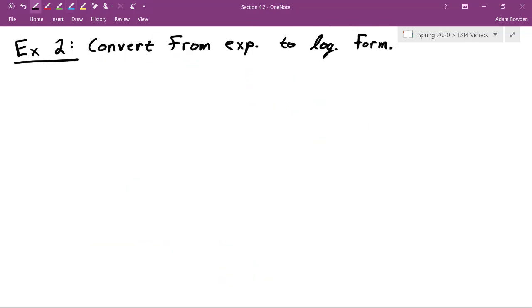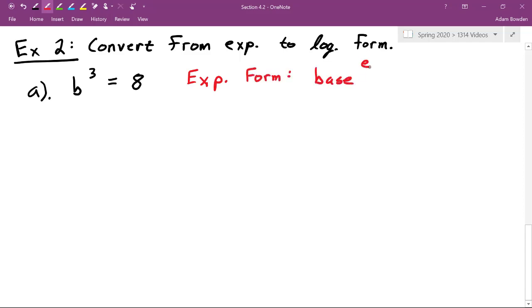Now in this example, we convert from exponential into logarithm form, starting with b to the third power equals 8. Exponential form is base to the exponent equals answer. Our base is b, our exponent is 3, and our answer is 8.